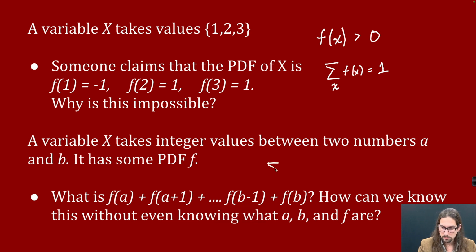If my set of possible values are all the integers between a and b, so we're starting at little x equals a and going up to b, this sum is exactly the sum over all the possible values of the density, which I've just told you has to be exactly 1, for the same reason that we discussed above.